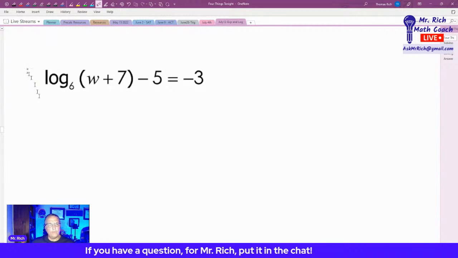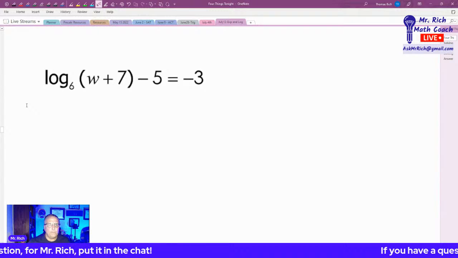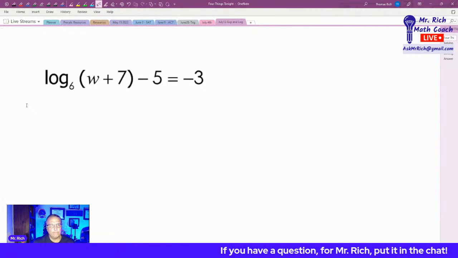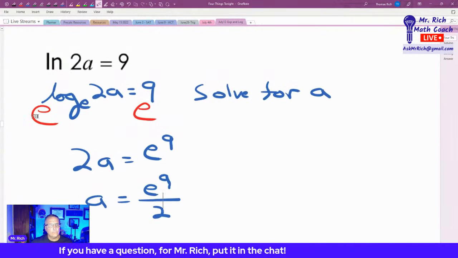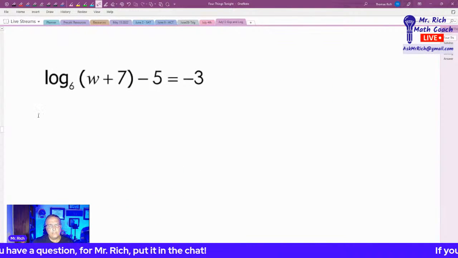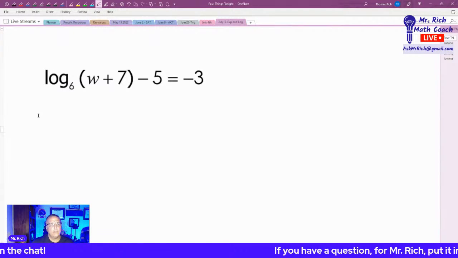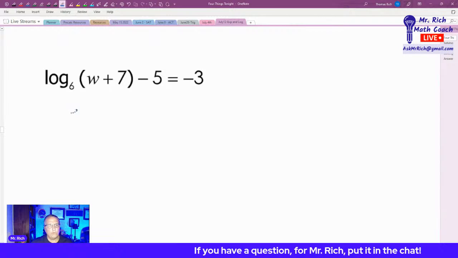Let's try another one. Here is log base 6 of w plus 7 minus 5 equals negative 3. Now, in this case I do need to isolate the logarithm before I exponentiate. So I am going to add 5 on both sides.